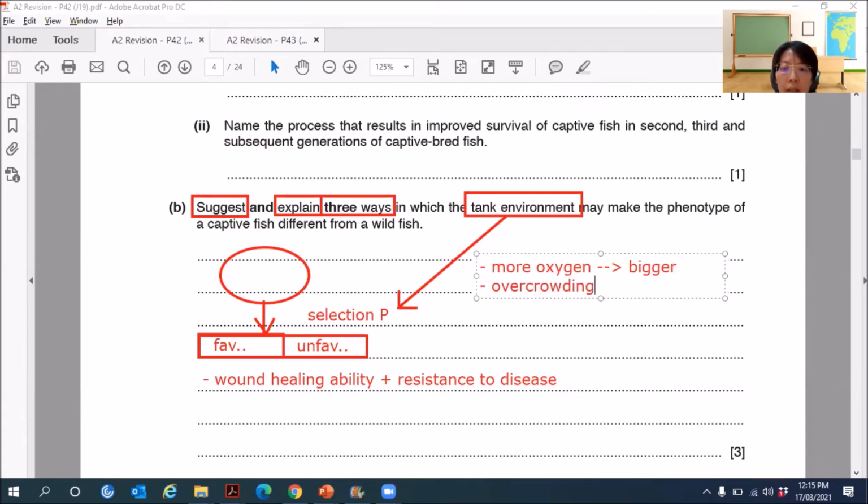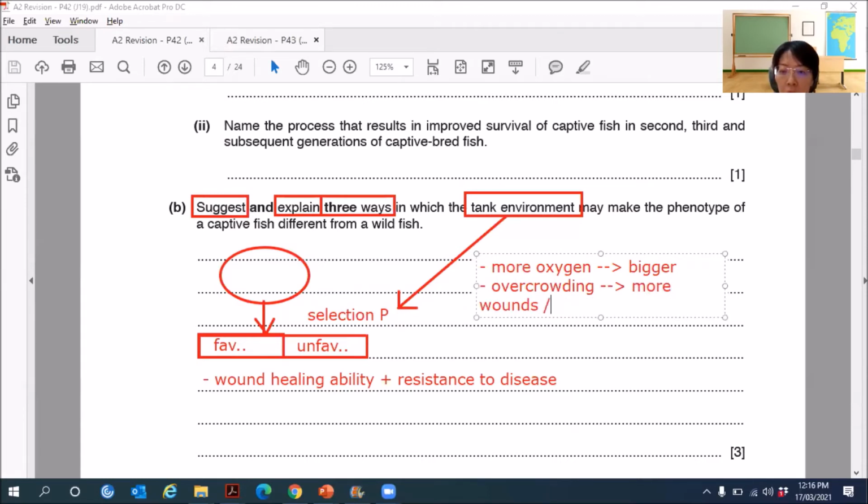And then overcrowding. Overcrowding is the condition they say leads to wound healing. Overcrowding leads to more accidents among the fish, hitting into each other as they swim and therefore leading to wound cuts from the fin. So leading to more wounds.